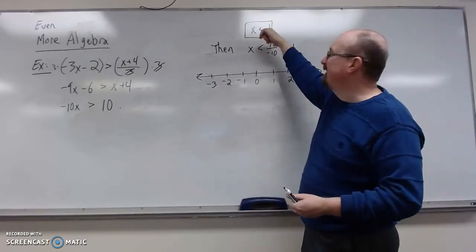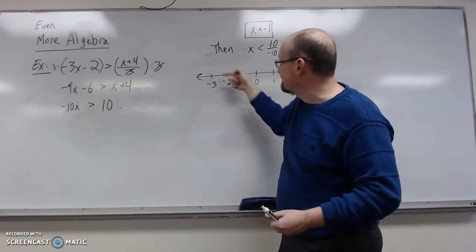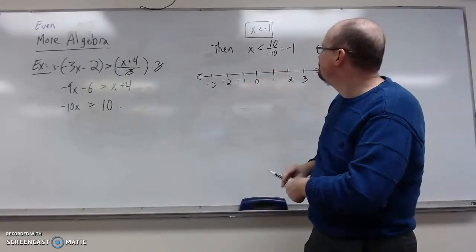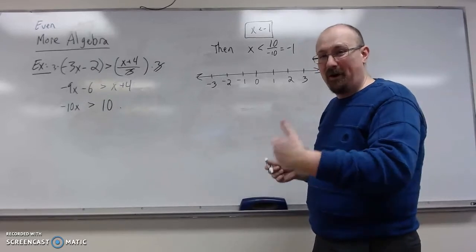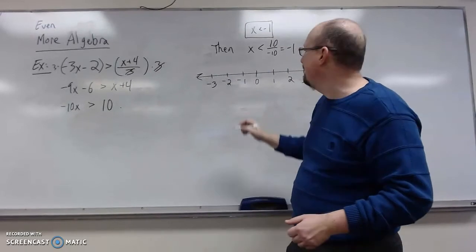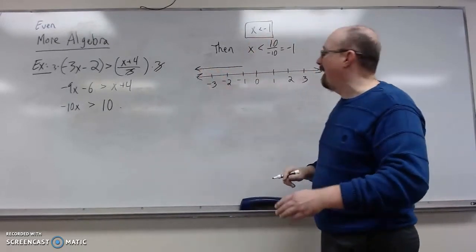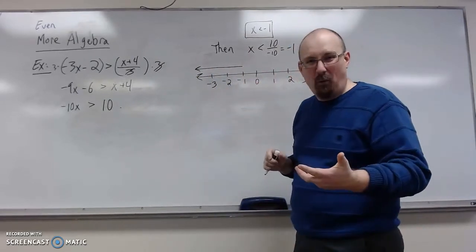If you got it written like this, conveniently the point of the inequality symbol tells you we want everything over on this side, because -2 is less than -1, 0 is not. All right. So you can shade this in on a number line yourself. When I'm writing it on the board, I usually try not to trace over because it's kind of hard to see. What I'll do instead is just draw an arrow over top that I want everything off to the left of my target point, -1.